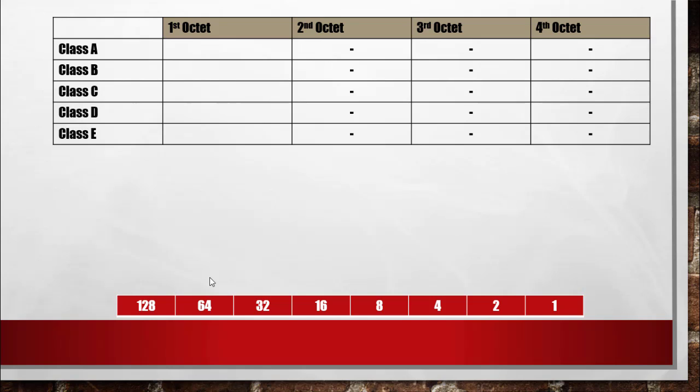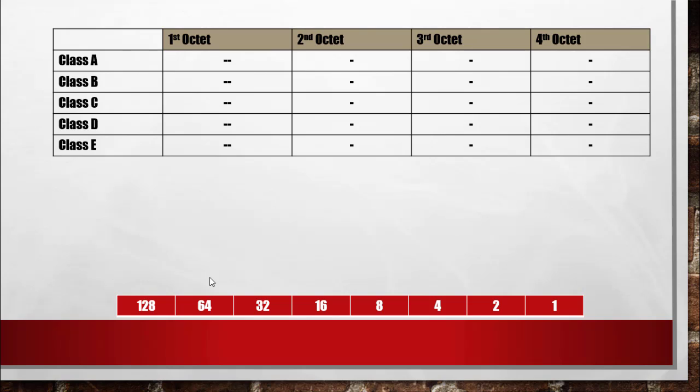We know that the decimal value in an octet can be between 0 and 255. So the numbers in between should be between 0 and 255. Then the ranges can be given using this number line. Let's see how we can do that.